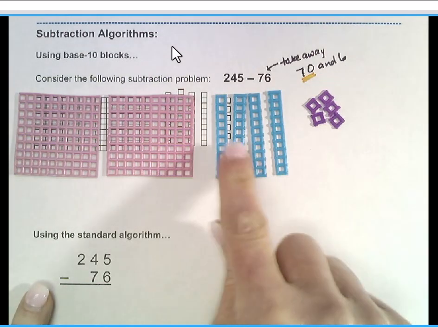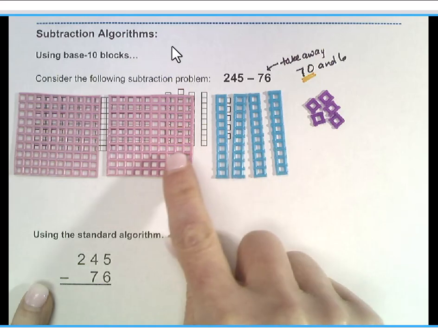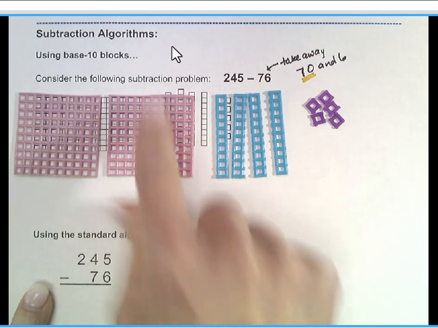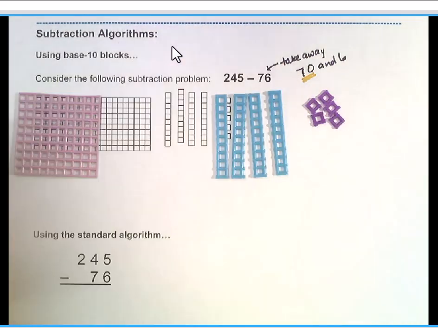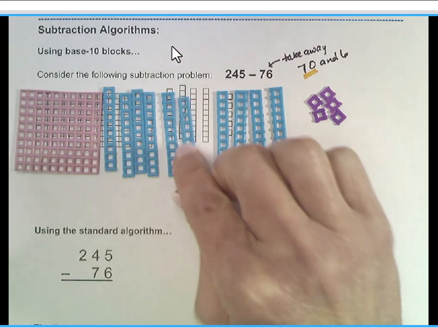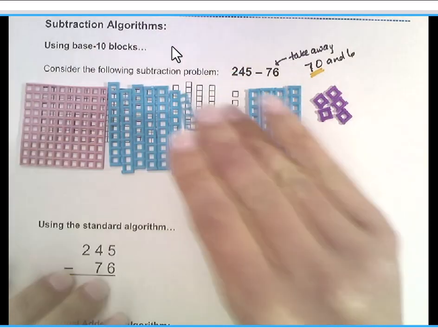Well, I'd love to take away 70, but I can't because I only have 40 right here. The only way I can get to 70 is if I break this guy down. So I've got to take one of my hundreds and trade it in for 10 10s. So I'm going to take my 100 and put in its place these 10 10s, and you can count them as I put them up here to make sure I've got the right amount.